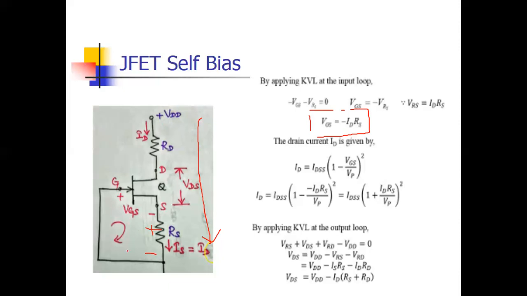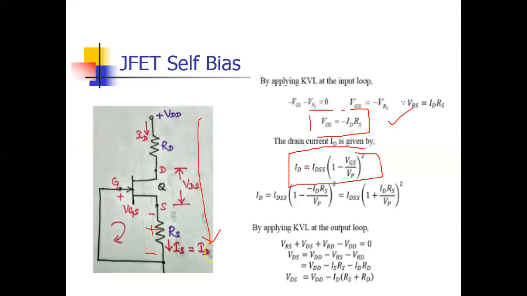But here we apply KVL on the input side, and from that KVL we calculate the value of VGS. For drain current, the Shockley equation is used, and that formula is fixed. I have already explained the topic of JFET. The formula is ID equals IDSS times 1 minus VGS upon VP, whole square.